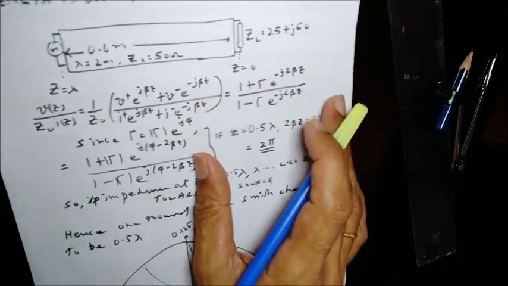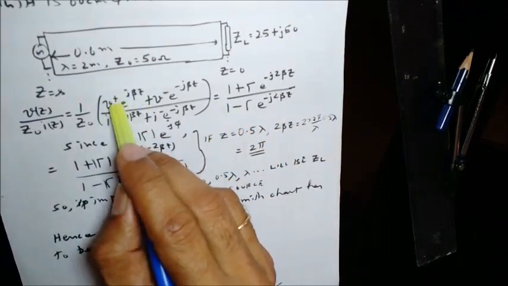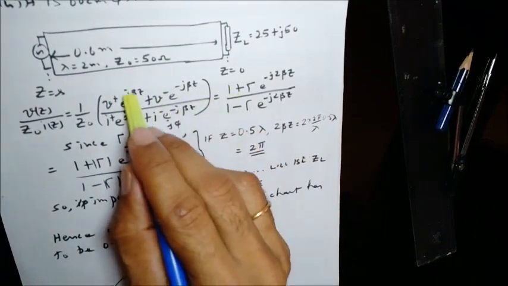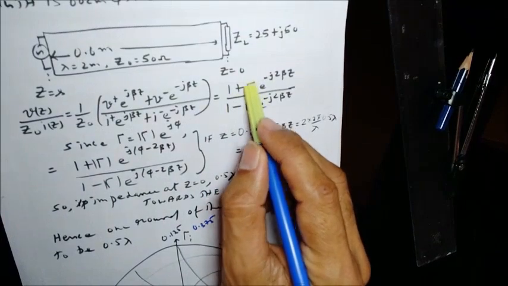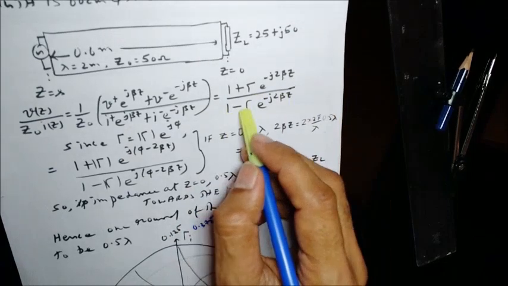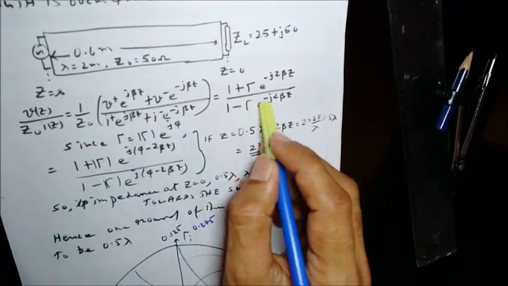We can write this by dividing throughout with V plus e raised to j beta z. Even this was discussed earlier. By dividing with this throughout, we get 1 plus reflection coefficient e raised to minus j2 beta z divided by 1 minus reflection coefficient e raised to minus j2 beta z.